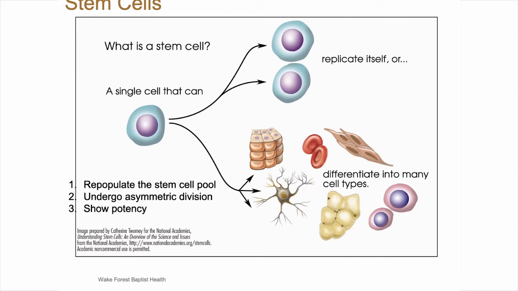So it can replicate itself, while at the same time it can make daughter cells that then differentiate into other cell types. That's called asymmetric division. So it divides into 2 different types of cells. And then a stem cell also shows potency, meaning that it can differentiate into other cell types.